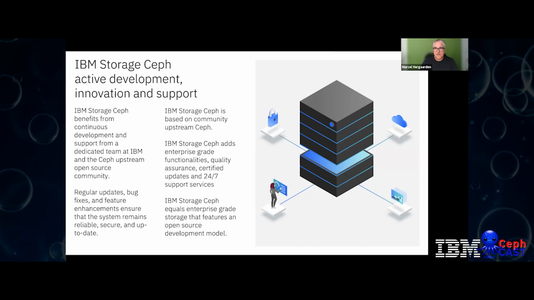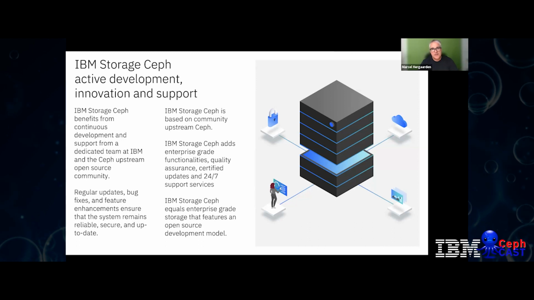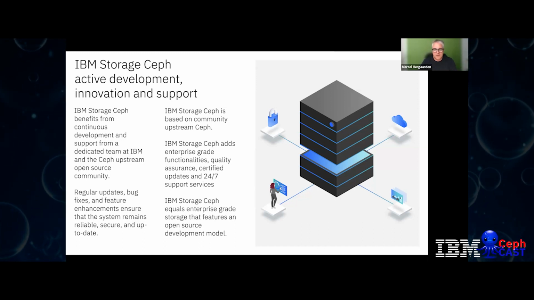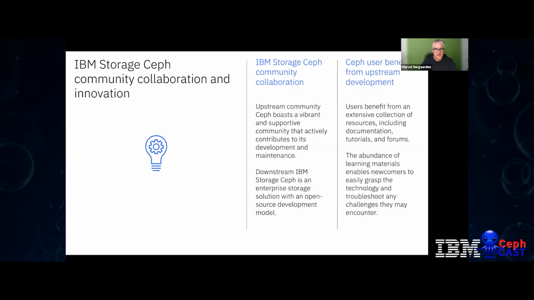It equals enterprise grade storage, and it leverages an open source development model. So this is where the connection to the community is. There's collaboration and innovation with the community, and downstream IBM Storage Ceph is the enterprise solution, where upstream is more for folks to get familiar and get to know the product.